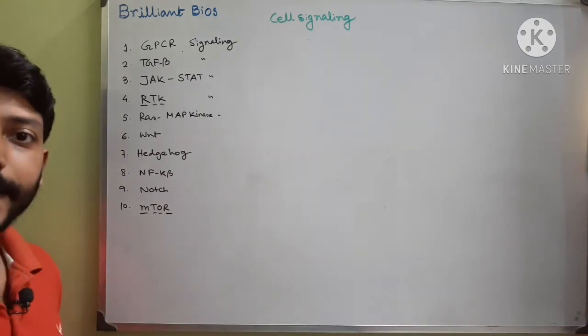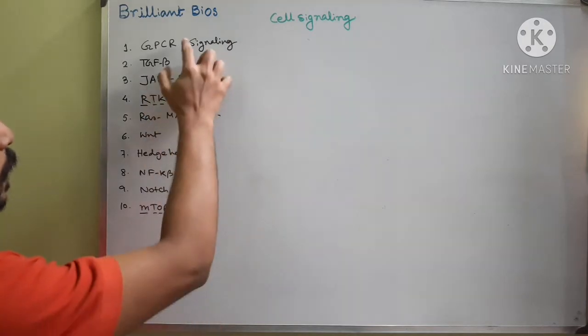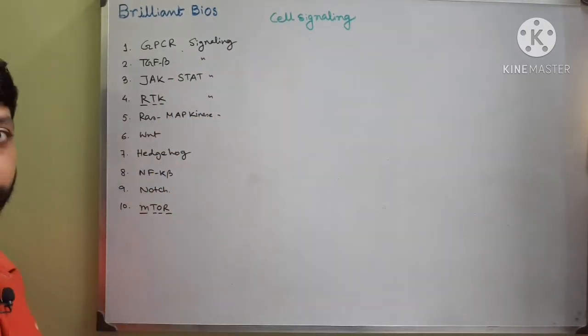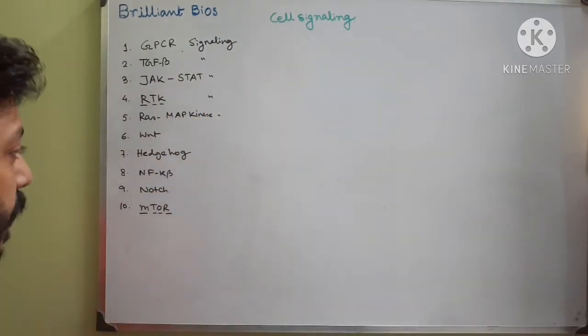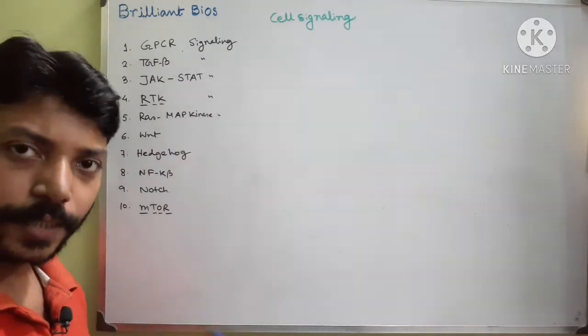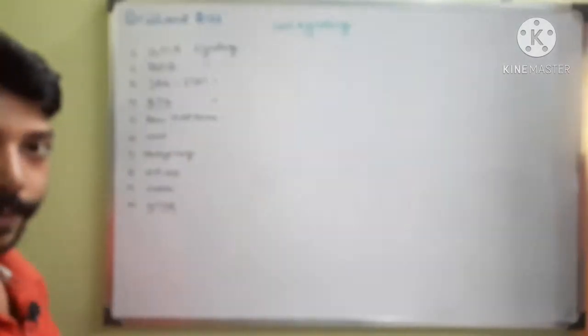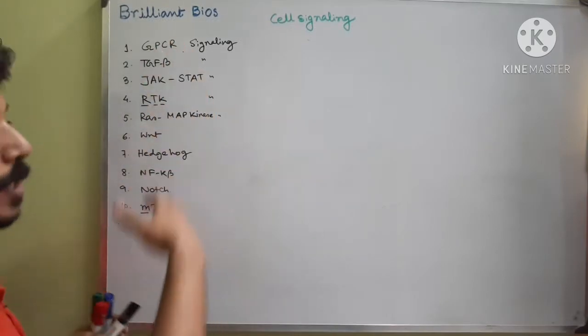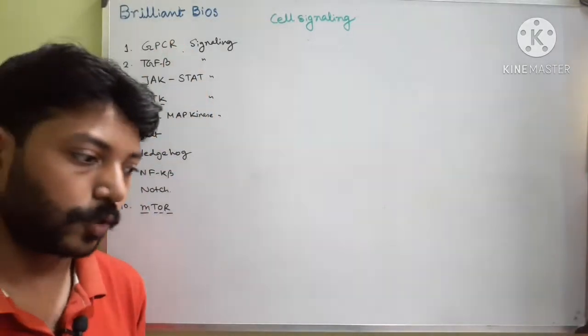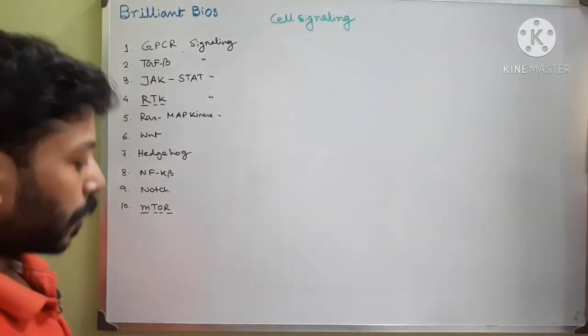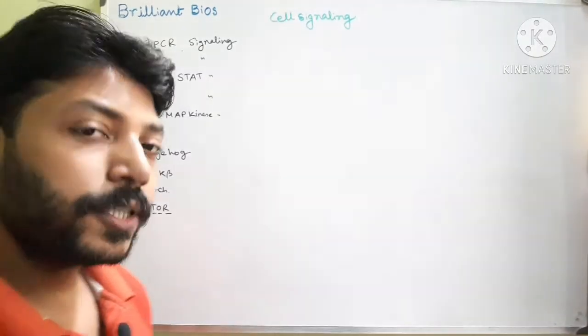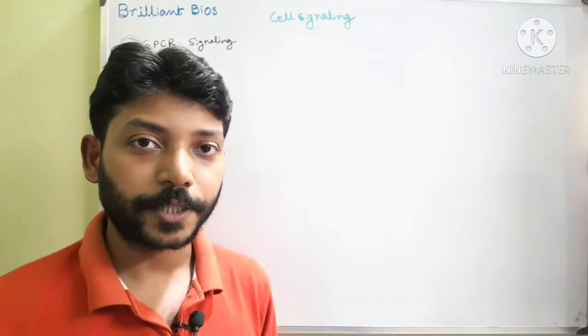So for CSIR preparation you have to understand all these 10 signaling mechanisms. Basically these are signaling mechanisms that actually operate in a cell, and they are very different from each other in terms of their molecules.